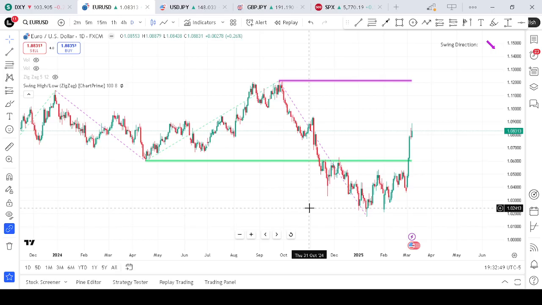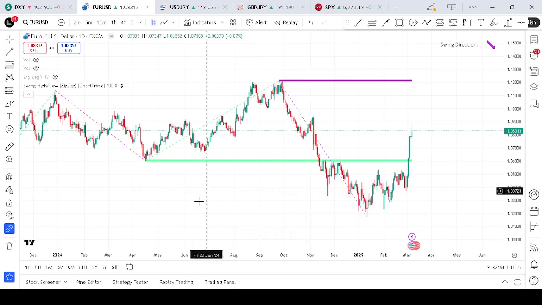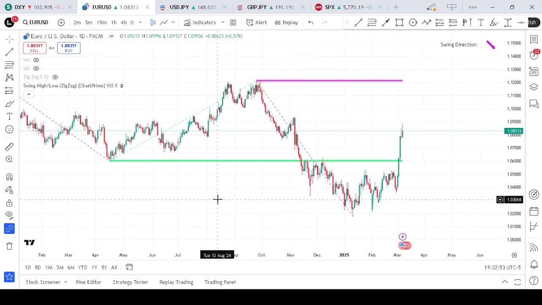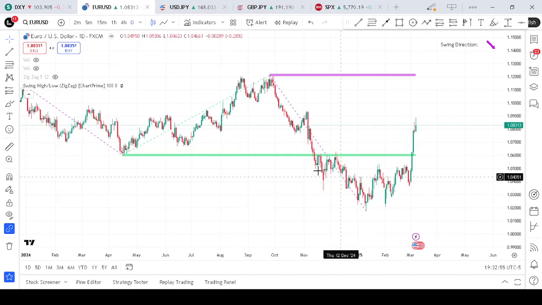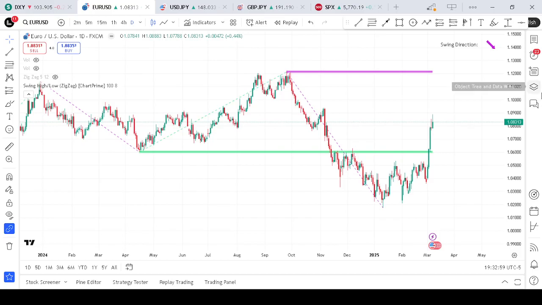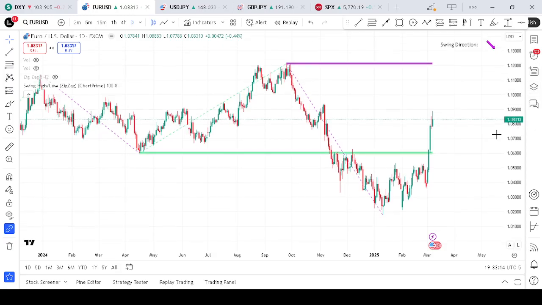The swing zigzag indicator stands out due to its ability to adjust its sensitivity to market conditions. This makes it provide more reliable signals in various market environments, whether the market is trending or ranging.